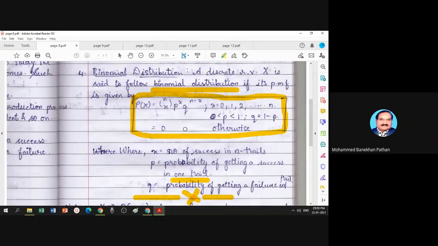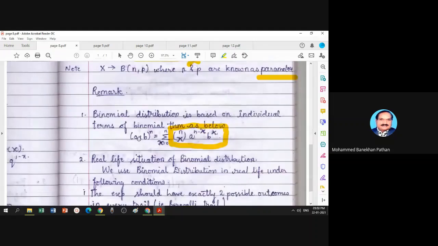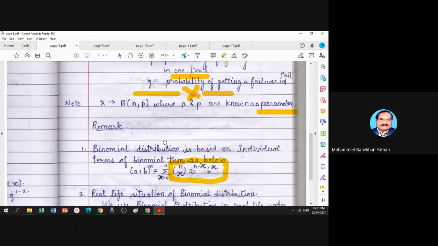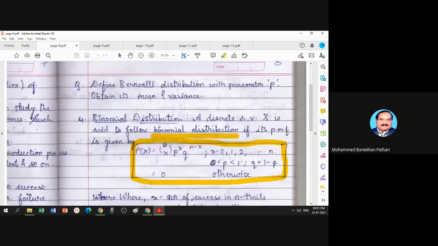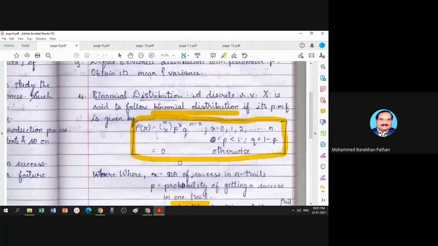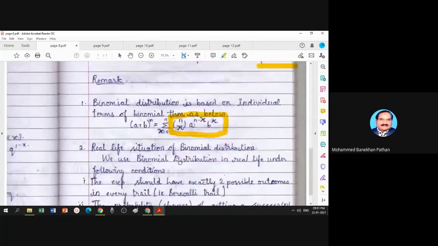That means in place of a, write p, and b as q. So (p plus q) raised to n is written like this without summation if you want to define the particular term of binomial distribution. So that is one remark.